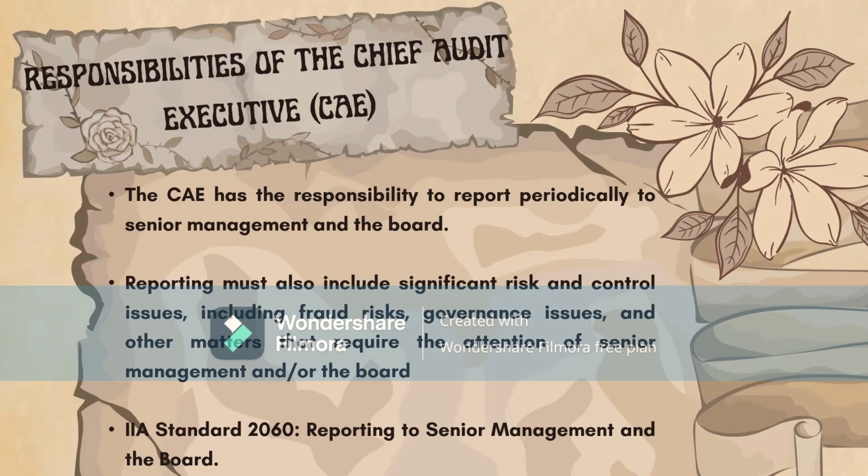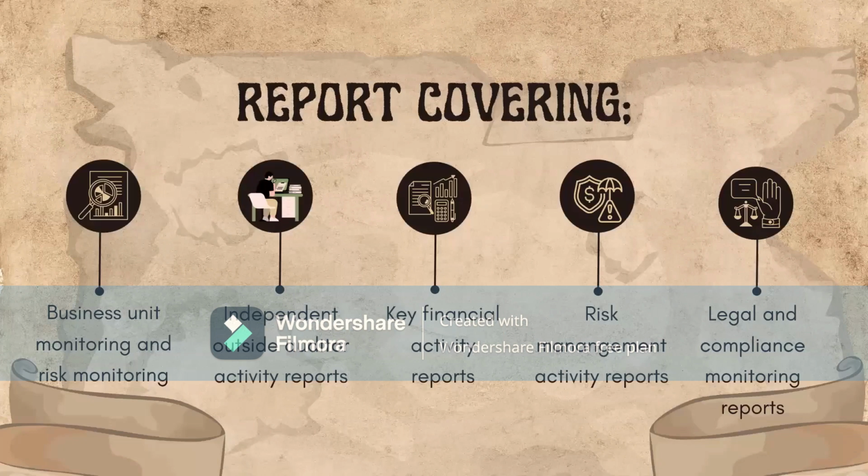Also, if senior management decides not to address a serious problem identified, the CAE may need to inform the entire board of directors, depending on the specific circumstances and any recent changes in leadership or the organization's risk profile.